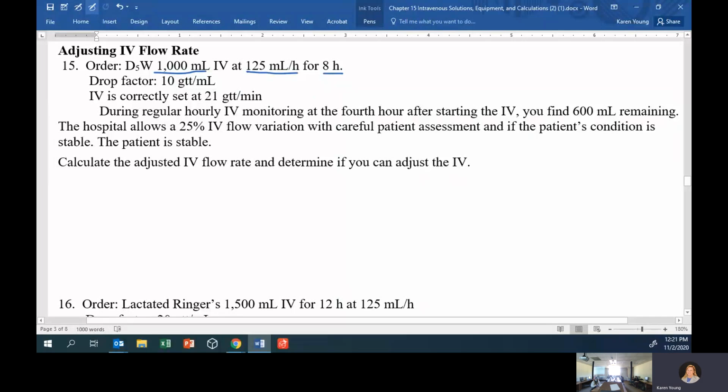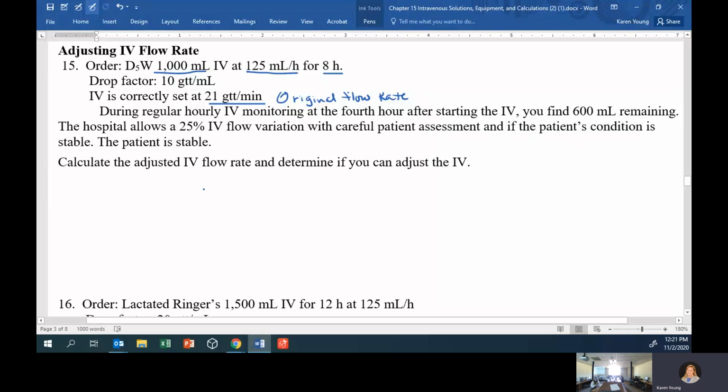This 21 drops per minute is my original flow rate. So when it was started, that's what the initial flow rate was.